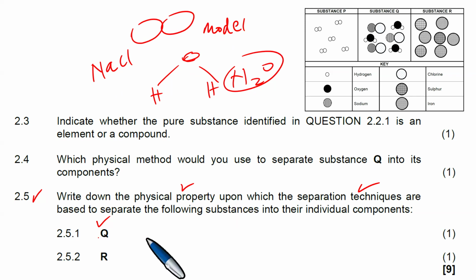Now, write down the physical property upon which the separation techniques are based to separate the following substances into their individual components. What physical property can be used to separate Q, and also to separate R?